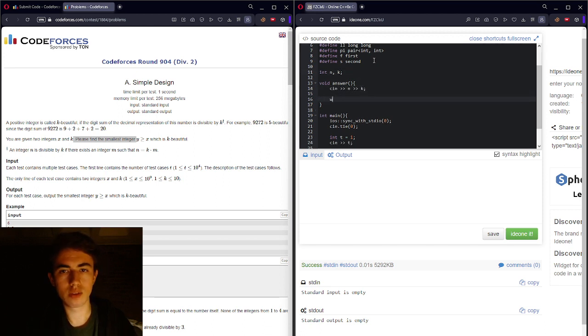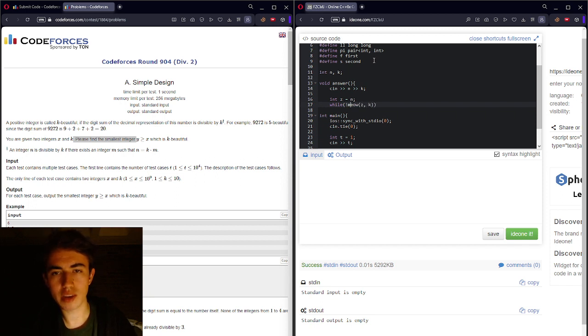So we're just going to read in. I'm having x be n, because I prefer that. Then I'm just going to have this function that basically tests if it's good.